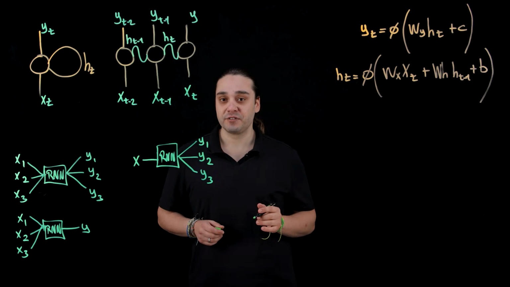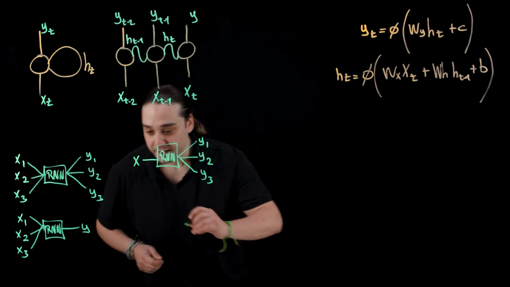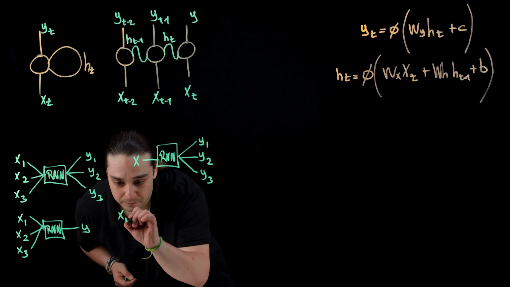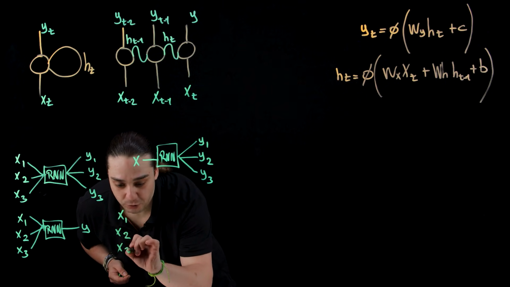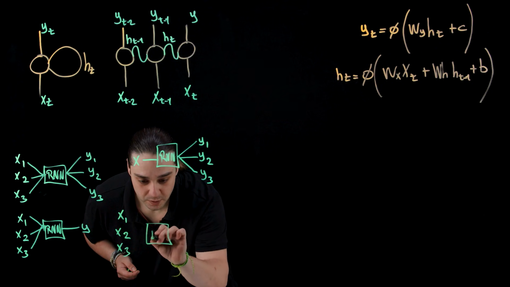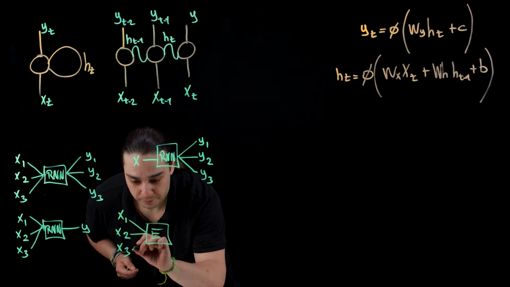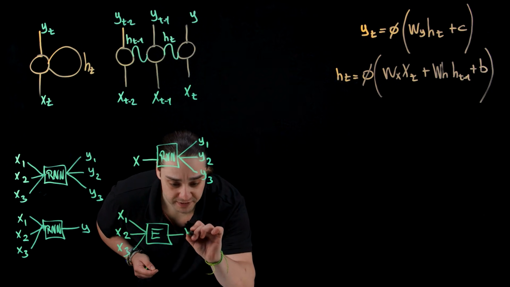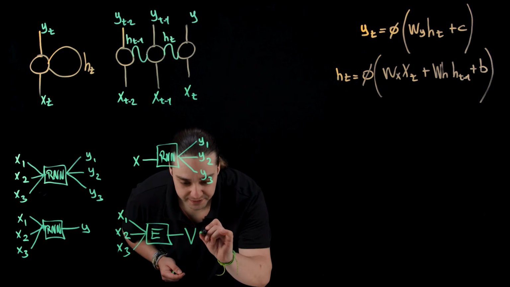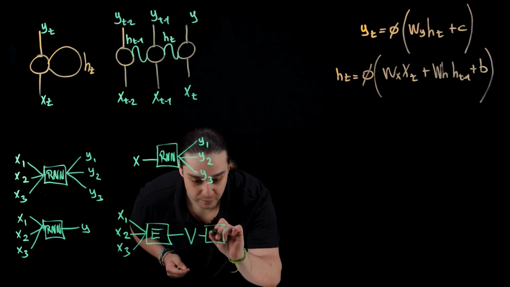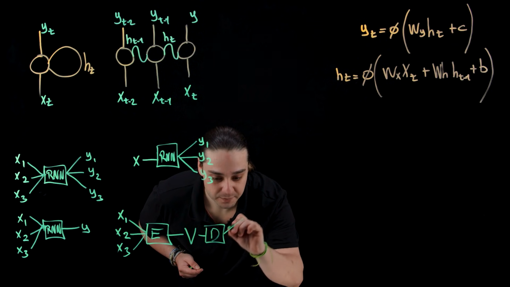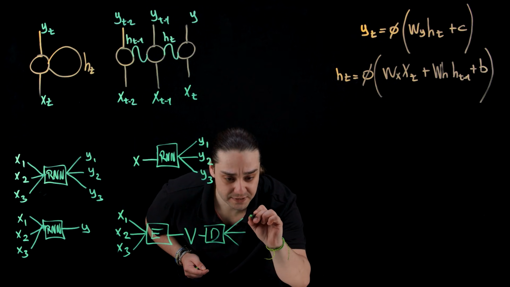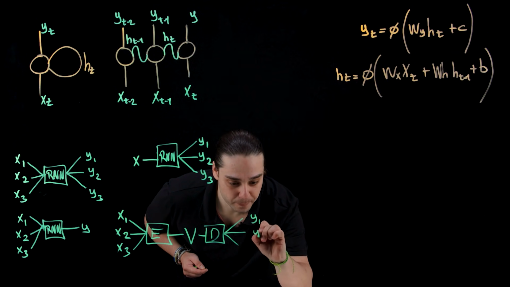Lastly, there's the encoder-decoder architecture. Here, we feed the encoder part a sequence of inputs, and it converts it into a vector. After that, the decoder takes that vector and produces a sequence of outputs.